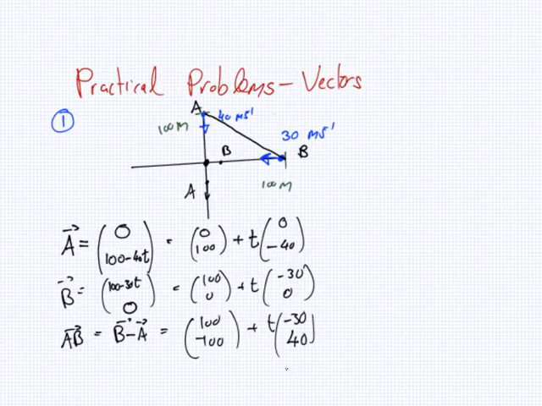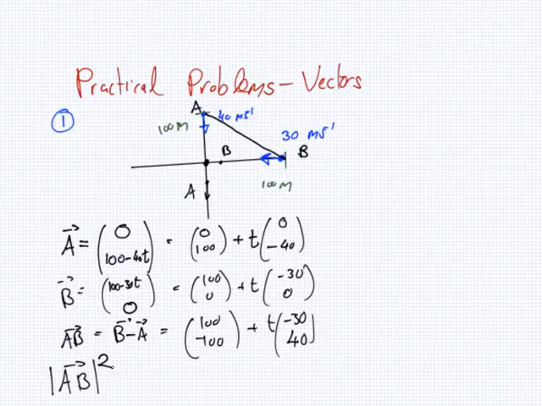Okay? But I don't care about the vector AB. What I really want to know is the length of AB. So I need to calculate the magnitude of AB. Just to make it a little easier, I'll calculate the magnitude squared, and then later I'll square root it.